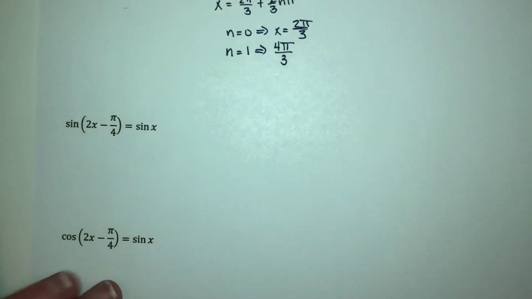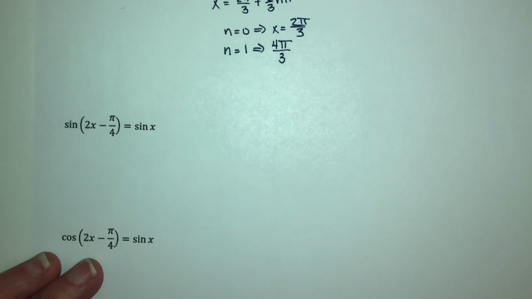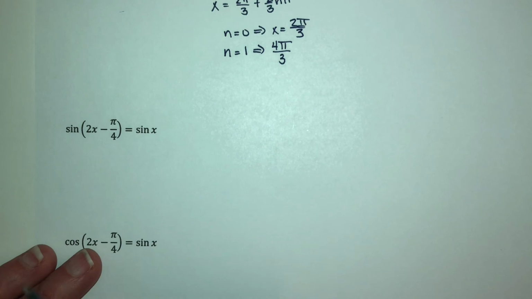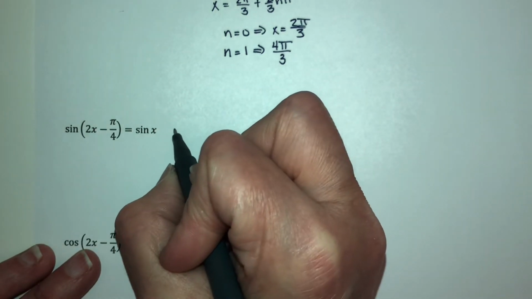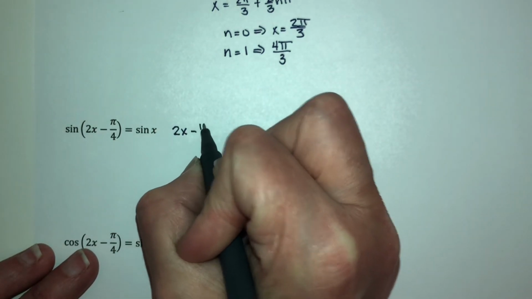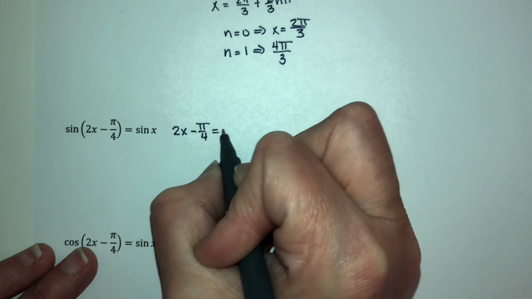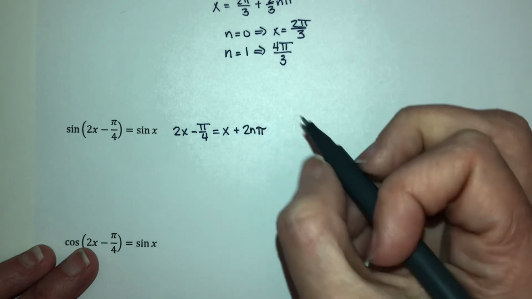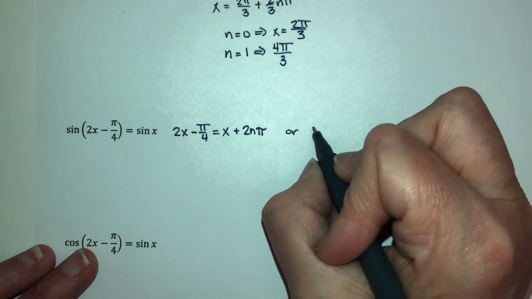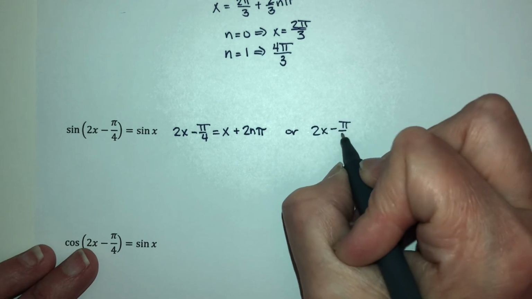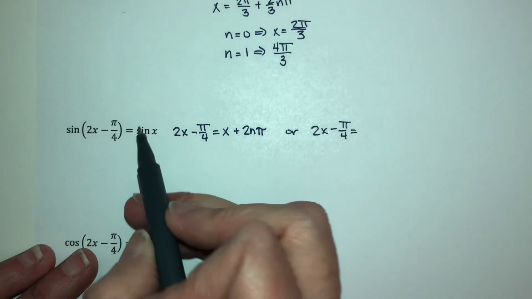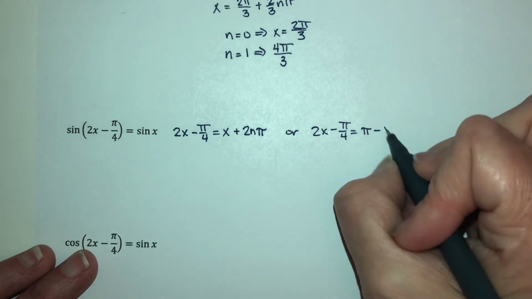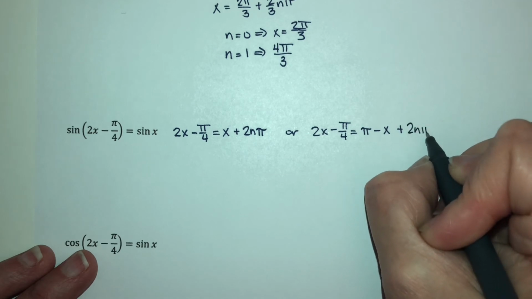Okay, let's do something similar here with sine of 2x minus pi over 4 equal to the sine of x. So we know that 2x minus pi over 4 is equal to x plus 2n pi, or 2x minus pi over 4 is equal to, since this is sine, it's always pi minus our alpha, which is our x, plus 2n pi.